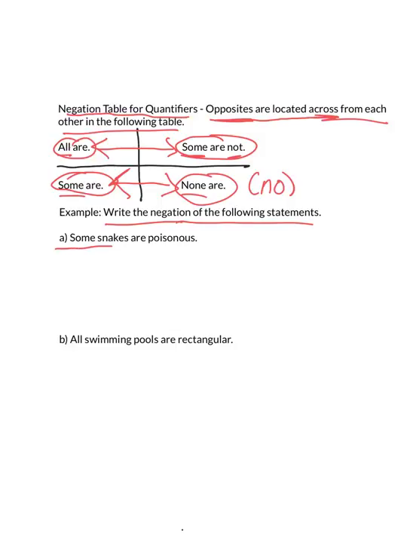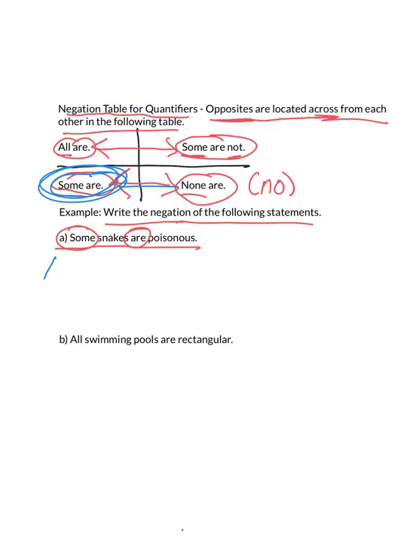Part A, some snakes are poisonous. We look for our key phrases using the table. The key phrase I see is "some are." The opposite of "some are" would be the second line, the word "no" or "none." So all I simply need to do now is rewrite the sentence using the word "none" or the word "no" so that it makes sense.